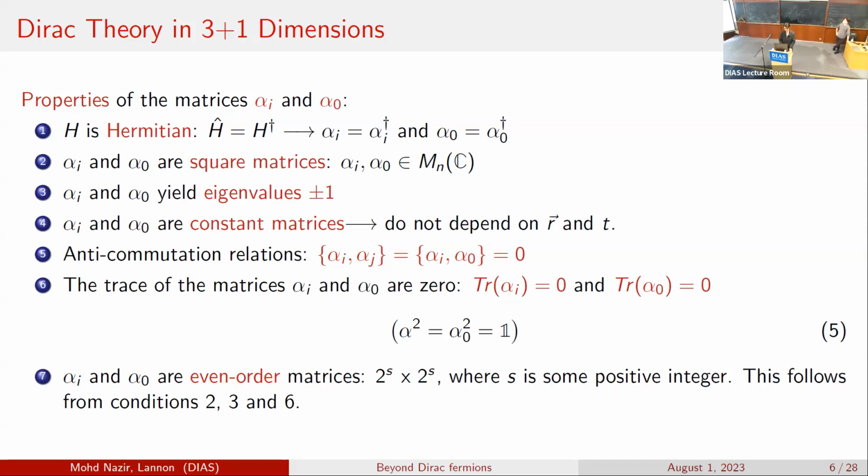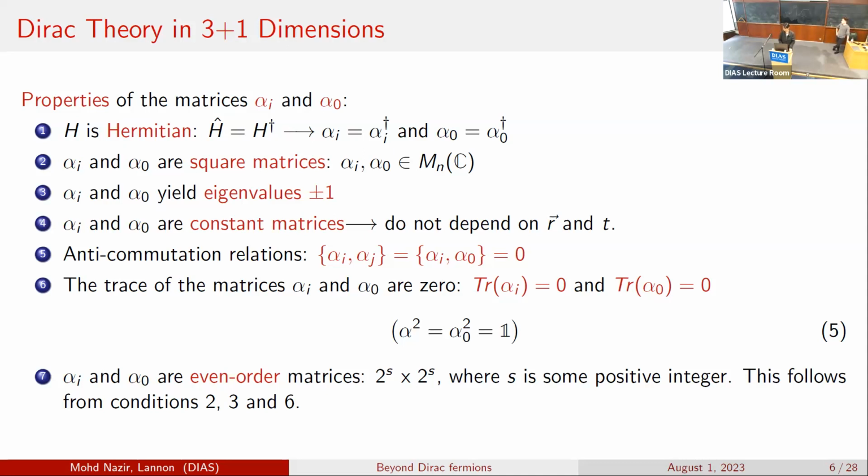First, due to the fact that we're trying to construct Hamiltonians, we ensure that the alpha matrices are of course Hermitian, square matrices that yield eigenvalues plus or minus 1, constant matrices that don't depend on position or time, and they satisfy the following anti-commutation relations, which is characteristic of the Clifford algebra that is required by the Dirac matrices.